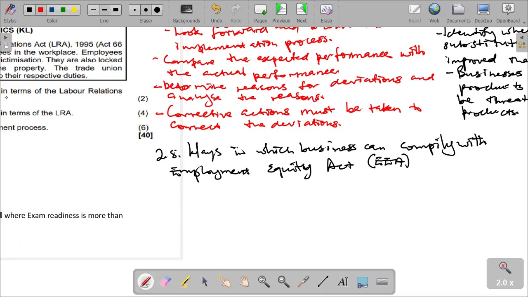One, Employment Equity Act has to do with fairness in employment or in workplaces.